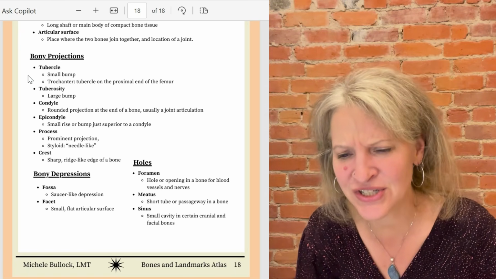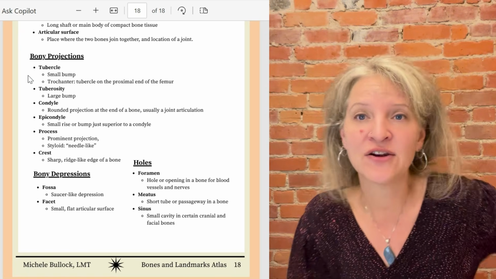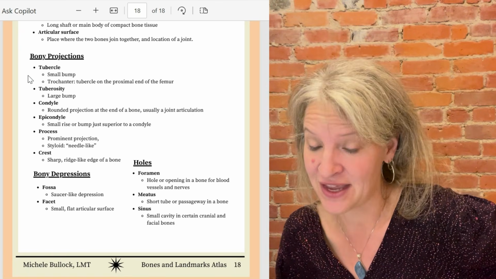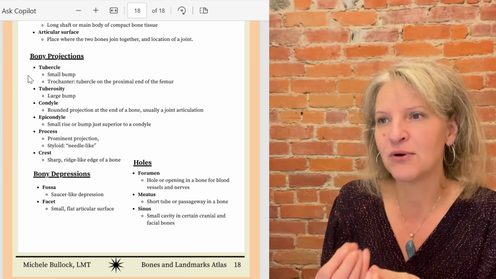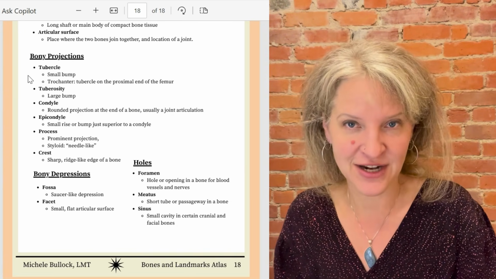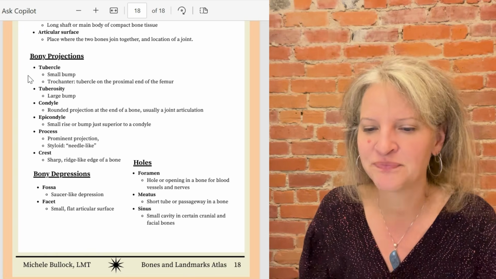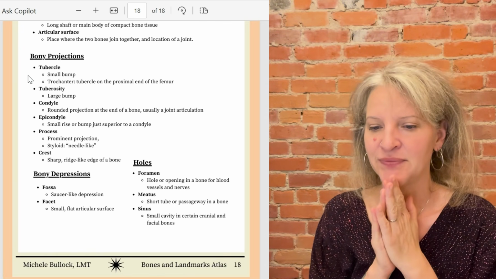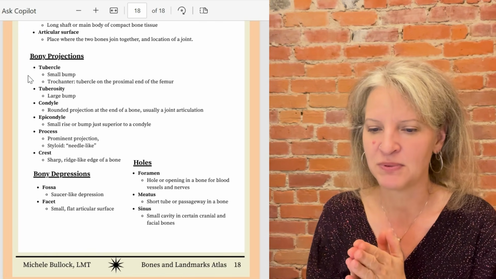Humerus. What happened to words today? And then the trochanter is the small bump on the hip that a bunch of attachments go to. That's the point, is that these bumps are where you have muscular attachments, and that's what's important about them. And then, so small bump, large bump.